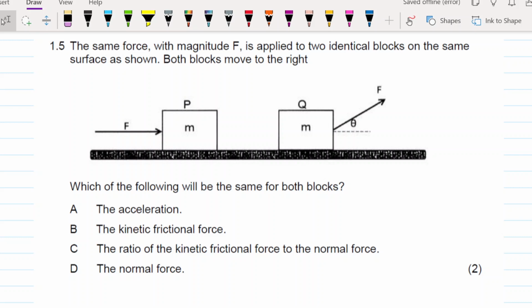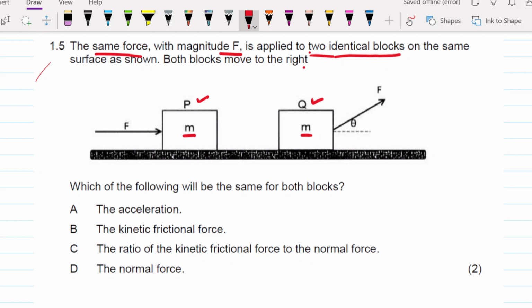Okay, in 1.5, they say the same force with magnitude F is applied to two identical blocks on the same surface as shown. Both blocks move to the right. So we have block P and block Q. They have the same mass.